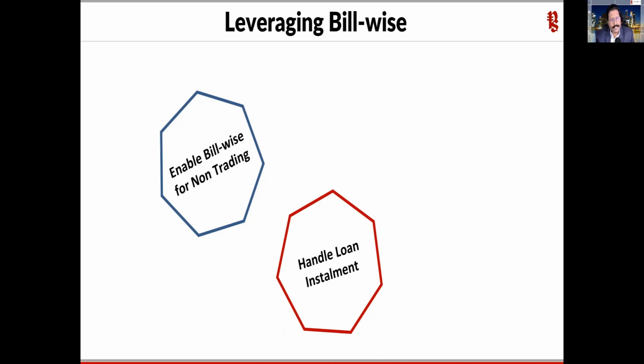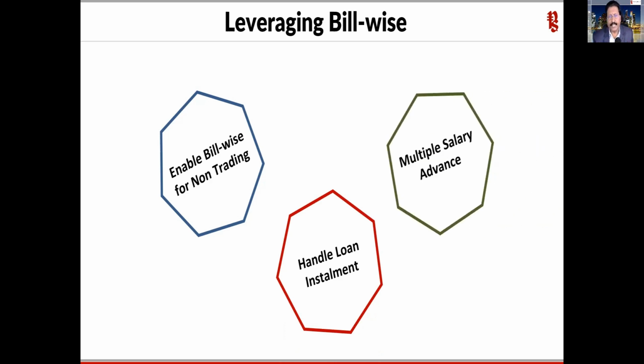Now there are other kinds of receivables, normally apart from your trading receivable. An example that I can take is that you might have salary advances as a company policy. Maybe you would have a loan facility or advance facility for your employees.